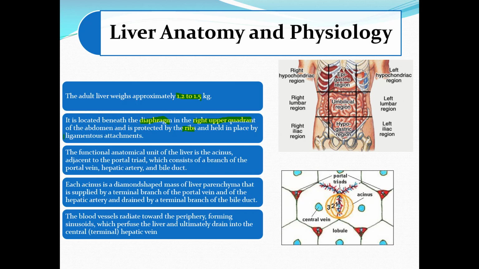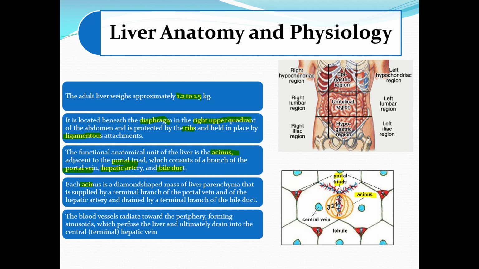by the ligamentous attachments. The functional anatomical unit of the liver is the acinus, which is adjacent to the portal triad. You can see the portal triad listed here, which consists of a branch of the portal vein, the hepatic artery and the bile duct.